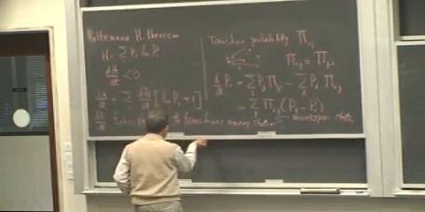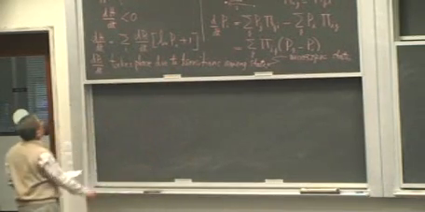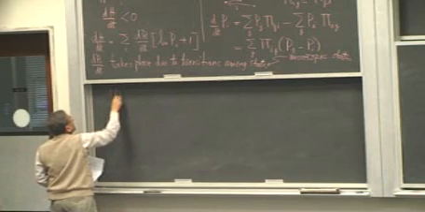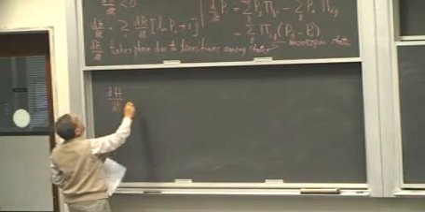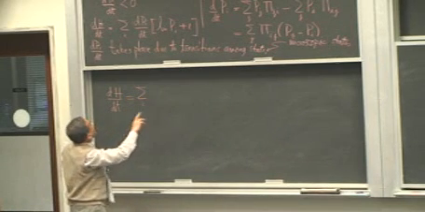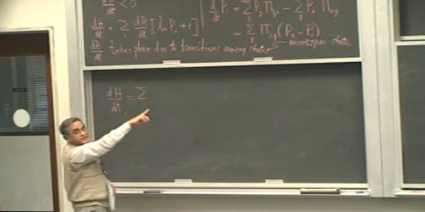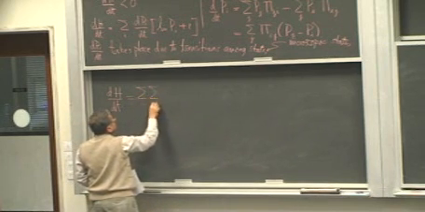So dH by dt will be equal to summation over i, and now I put for dpi by dt that expression, summation over j.